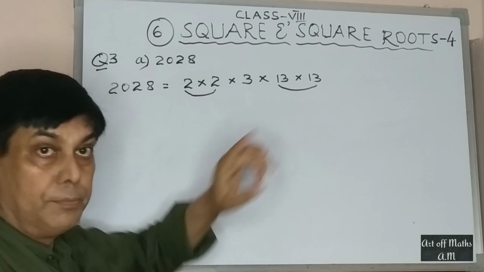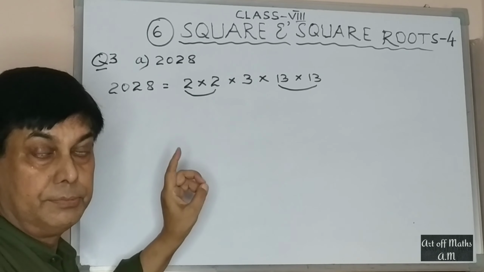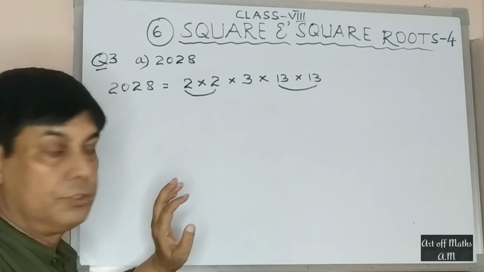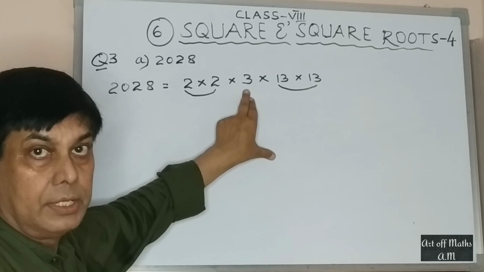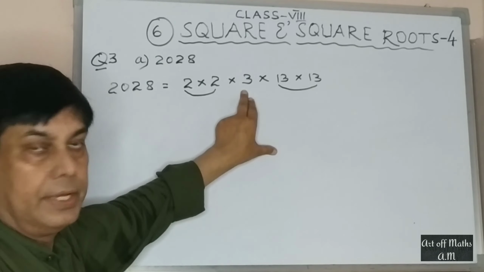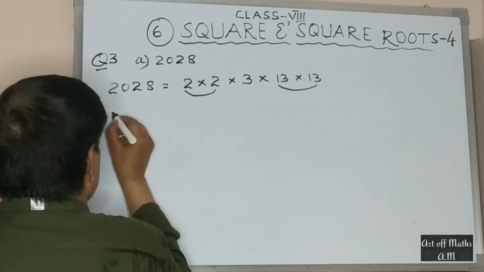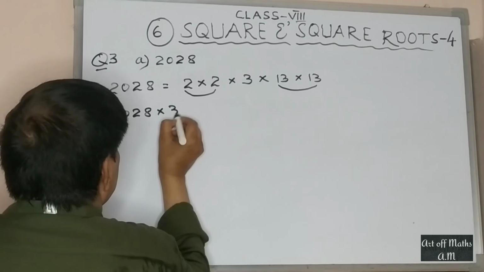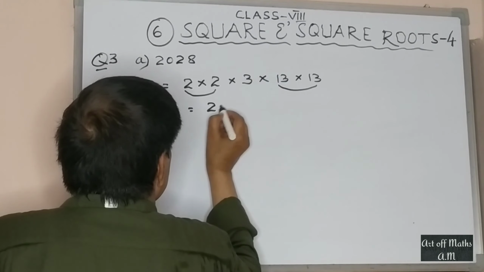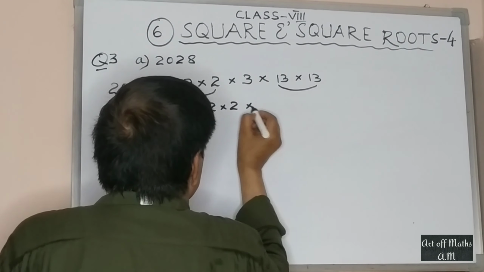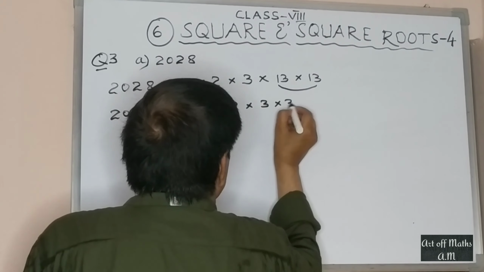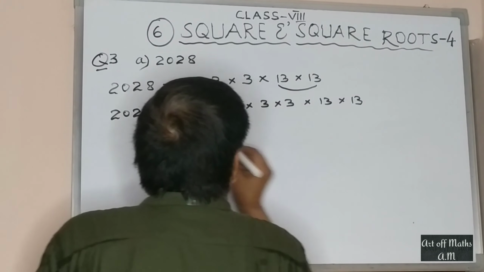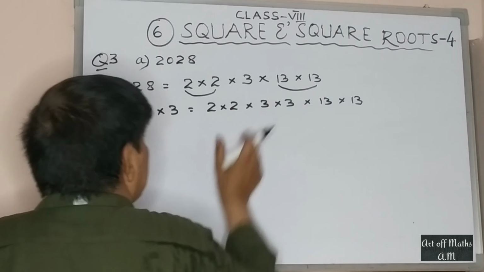We have to multiply. In this question it is mentioned that we have to multiply. So we have to multiply to make this a pair. So 2028 into 3, 2 into 2 into 3 into 3 into 13 into 13. Now it becomes a pair.